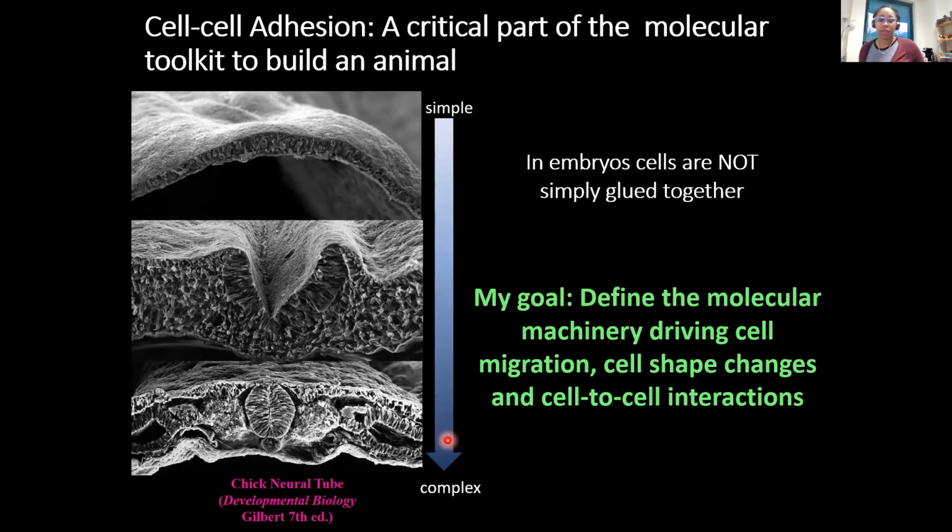And so my goal is really to define the molecular machinery that's driving these different cellular rearrangements and organizations, these different cell shape changes, and how both those two things interact with each other to have cells communicate to be able to undergo this change from simple to complex.